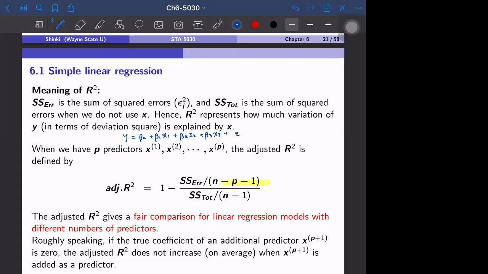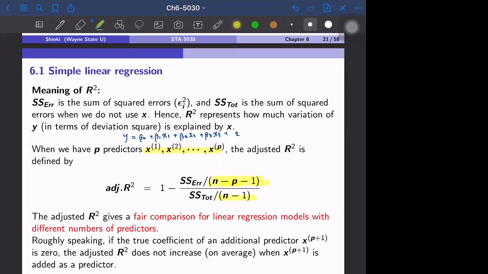In such a case, in general, we have p predictors x1 to xp, and adjusted R square is defined by this quantity. So we divide SS error by a smaller number. This is done because if we have more predictors, then naturally we can explain more for finite data.